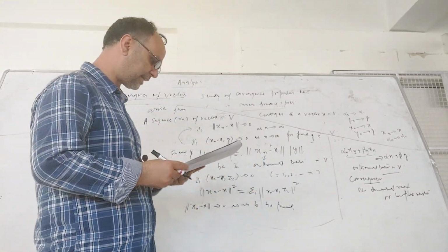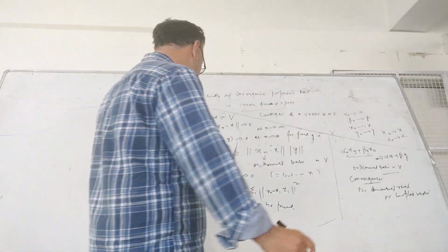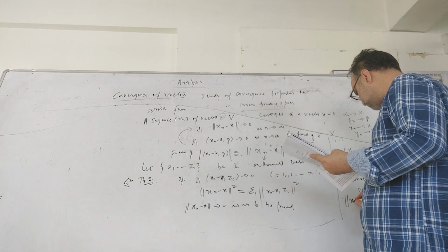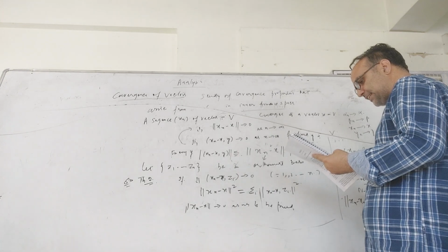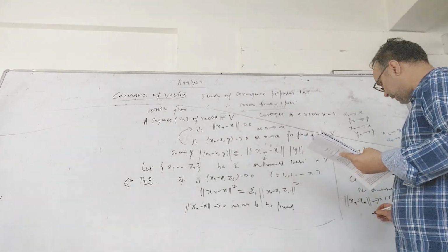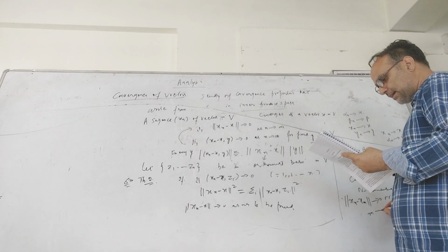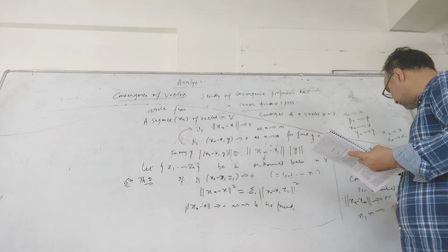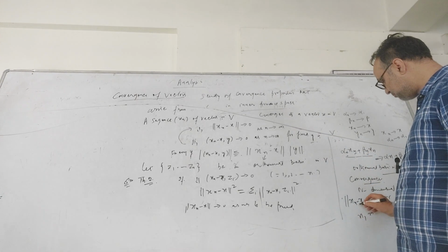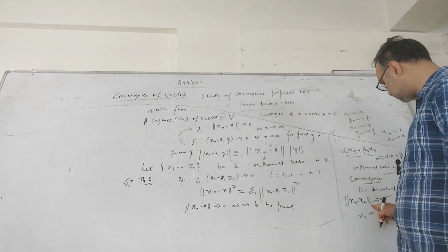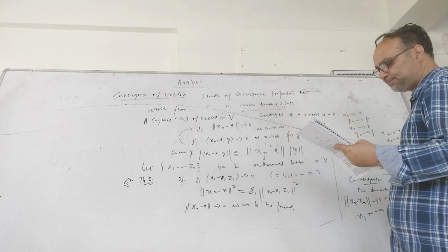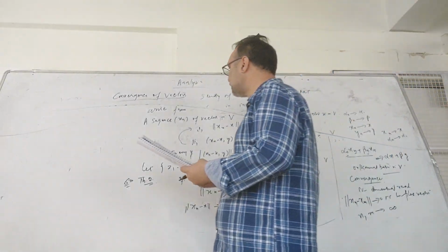For a particular case, for example, the norm of xn minus xm tends to 0 as n and m tend to infinity. So it's a convergent sequence in the same way. This is the way we can define it for the simple case.